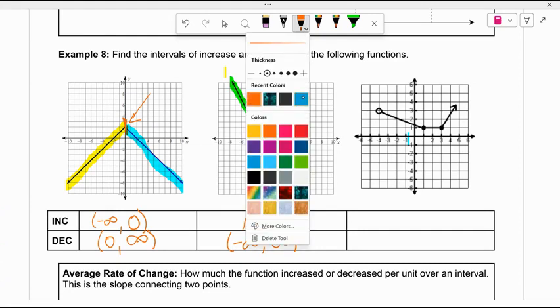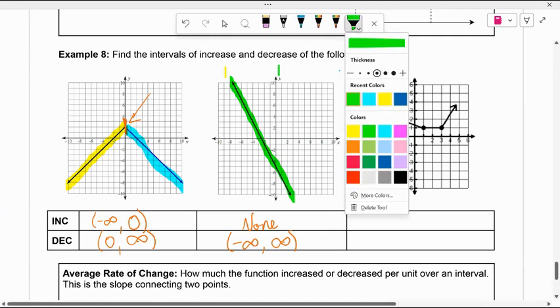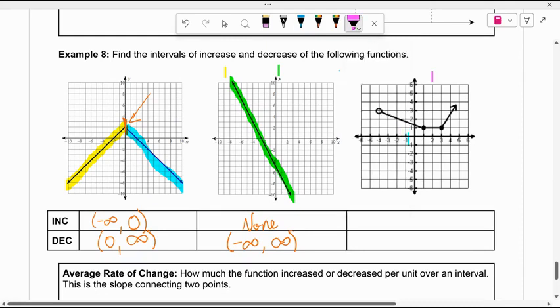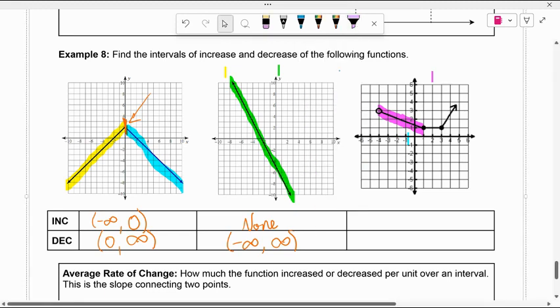And now this last one, a little bit different. So we are decreasing, decreasing, decreasing, decreasing. And then from 1 to 3, this little flat part, we're not increasing or decreasing. So it's nothing.